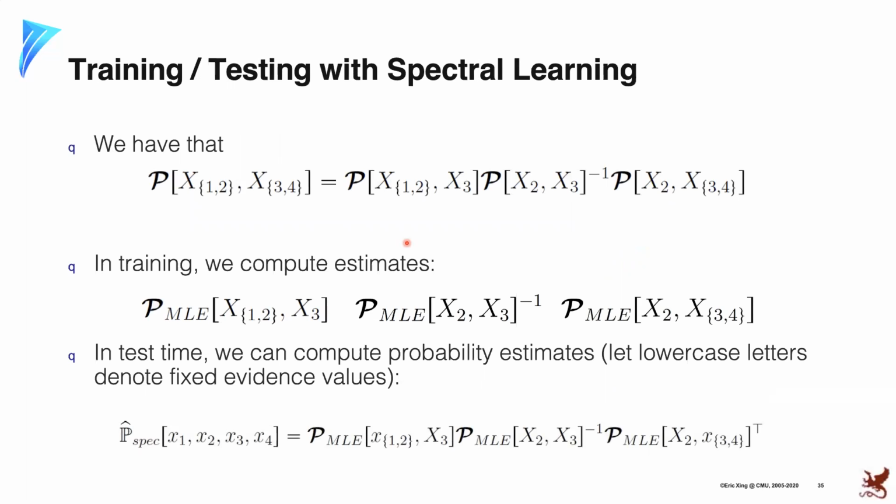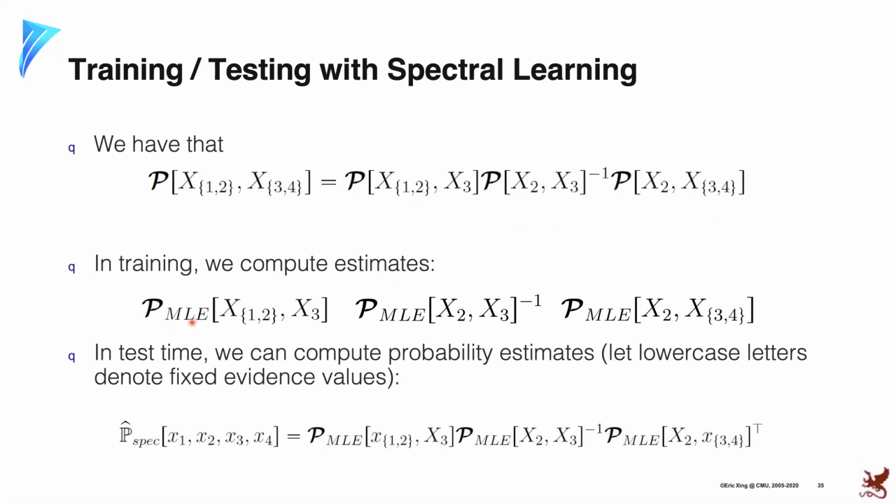Okay, so based on this factorization, our training and testing are very easy. Suppose we have decomposed our joint probability like this. In the training, what we really need to do is to estimate the maximum likelihood of all these 3 factors, right?